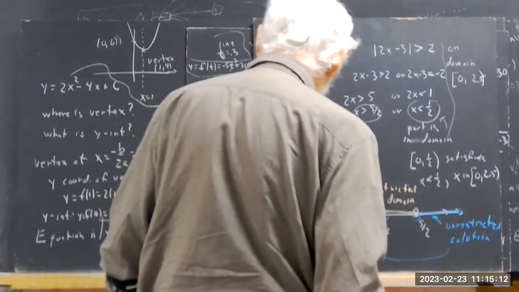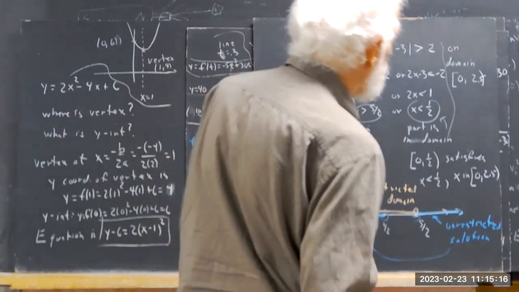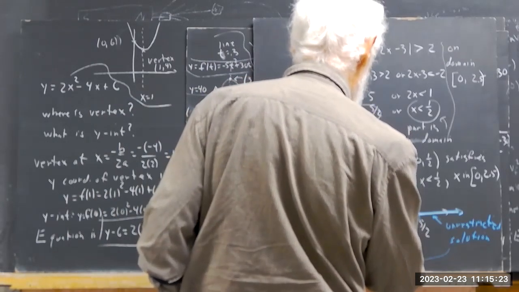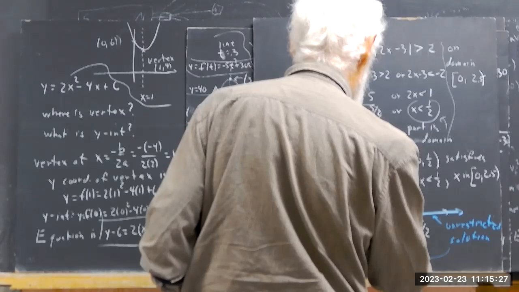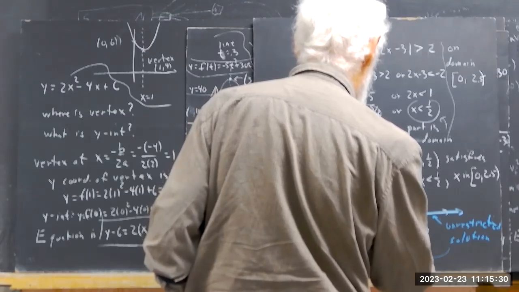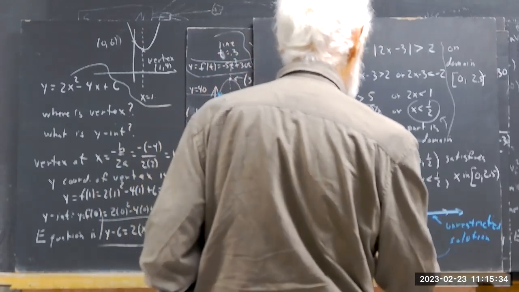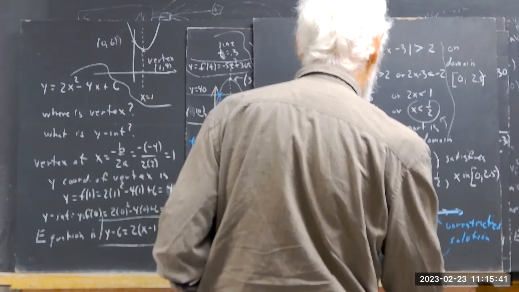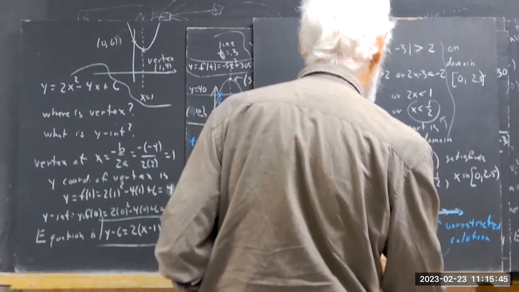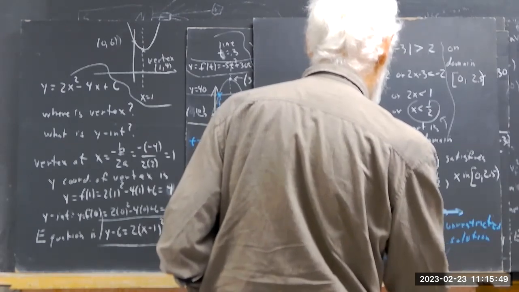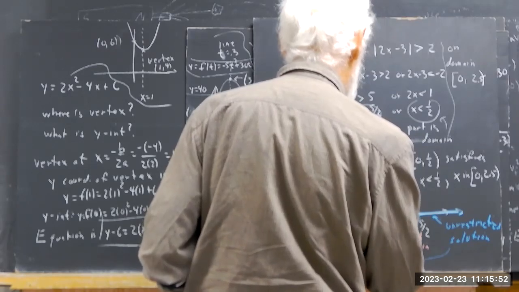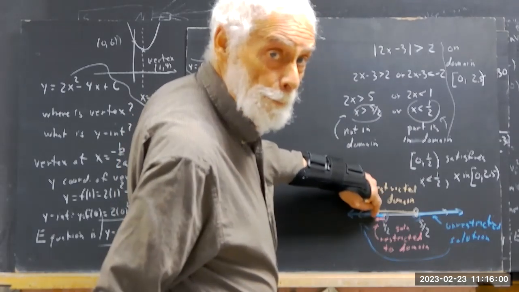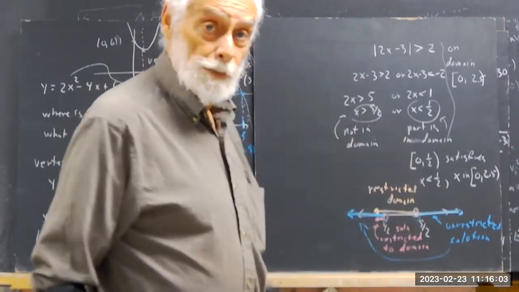The blue arrows represent the unrestricted solution. And then the unrestricted solution, restricted to the domain, is just going to be here to here, with an open point here and a closed point here. That's a picture of it, and this is the logic of it.